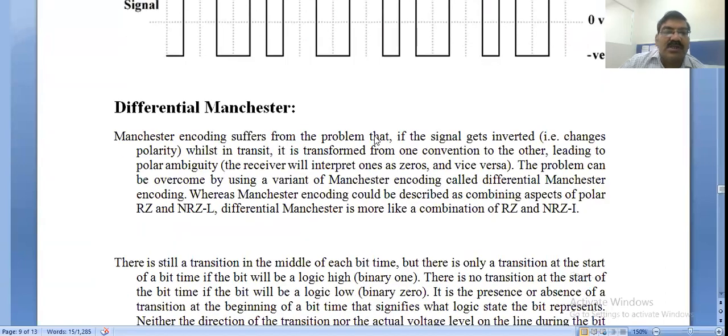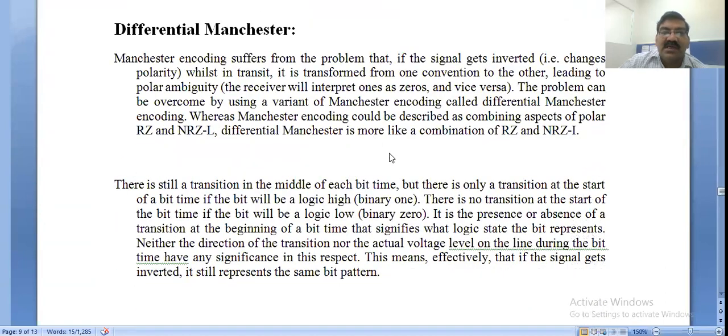Now we will go for the differential Manchester. Manchester encoding suffers from the problem that if a signal gets inverted, that is, changes polarity whilst in transit, it is transformed from one convention to the other, leading to polar ambiguity.